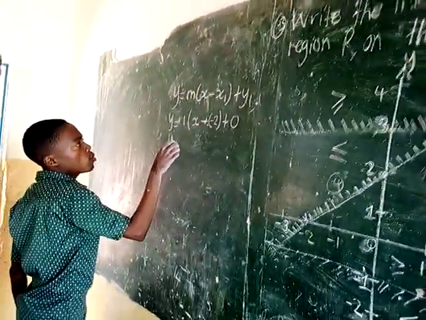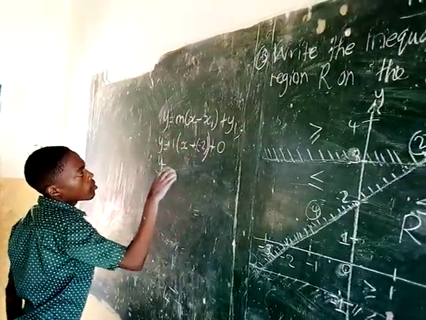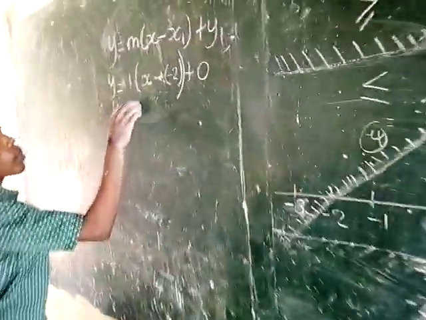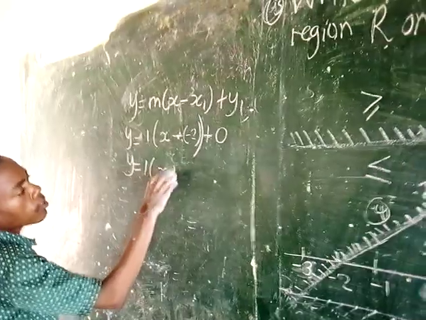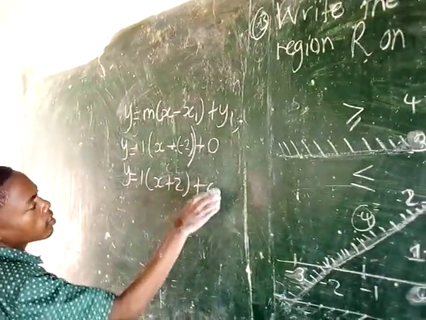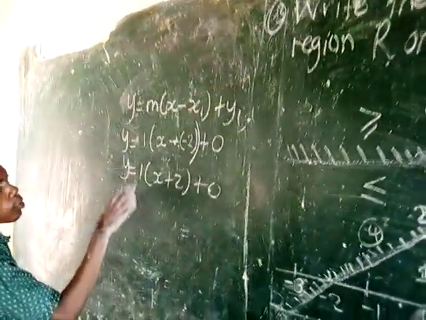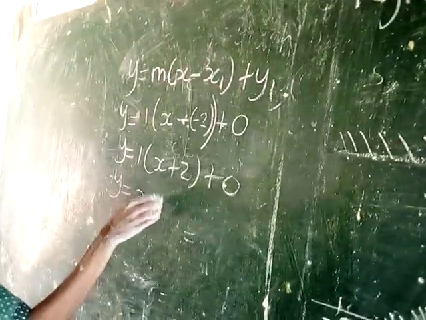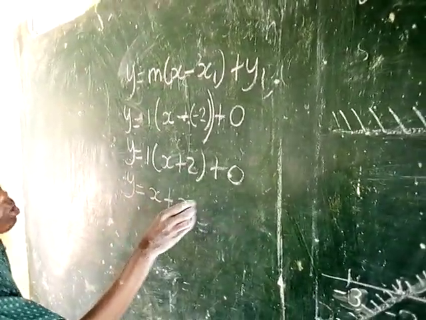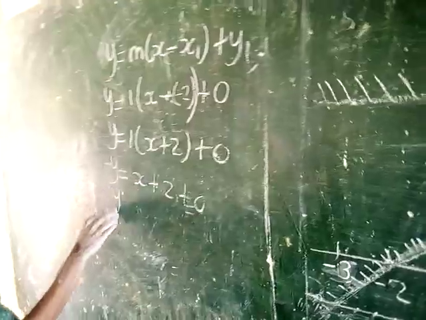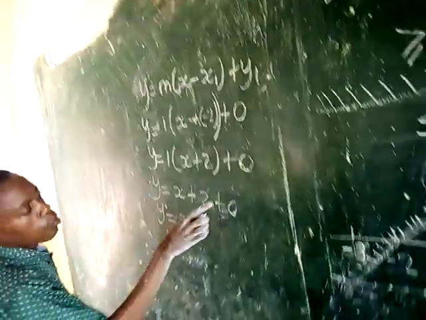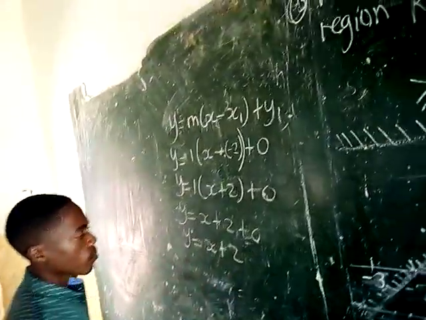So y is equal to 1 times x plus 2, plus 0. This is y is equal to x plus 2.